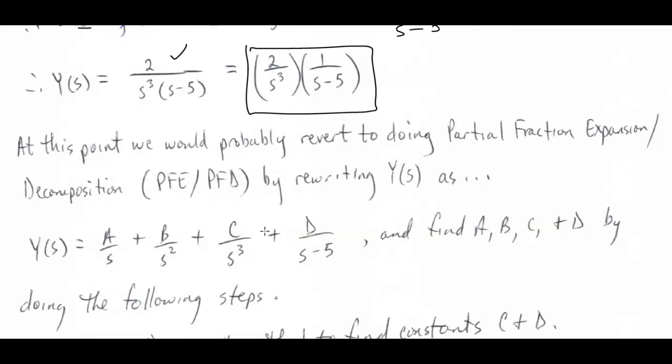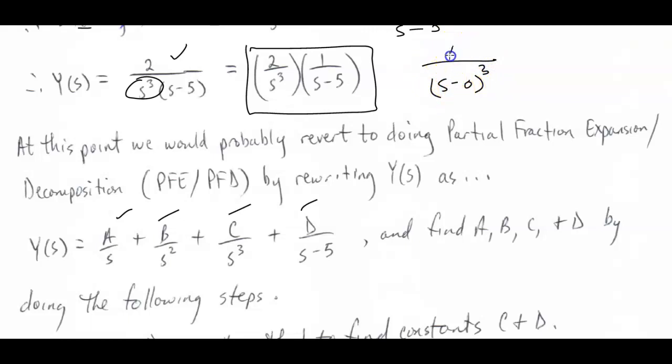At this point, if we were solving this via Laplace transform, we would probably want to go the route of partial fraction expansion, okay? That basically means we're going to rewrite this rational function as a sum of these 4 different terms here. We do that because with partial fraction expansion, whenever we have repeated roots, since this s cubed is like s minus 0 cubed in the denominator, this is a linear expression.